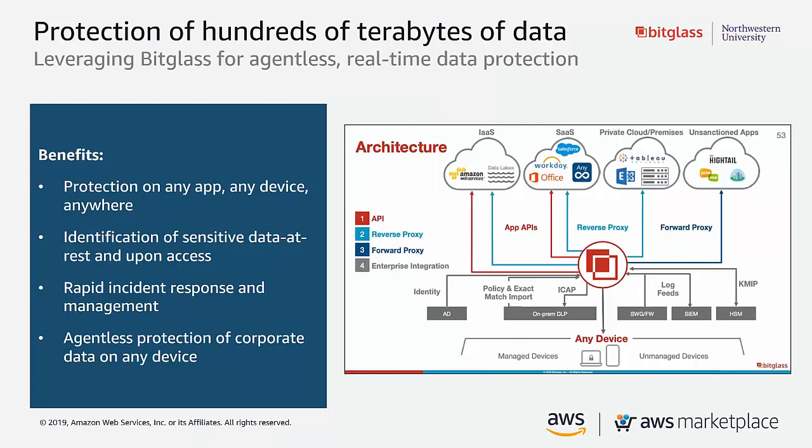And one of the cool things about Bitglass is they have an agentless approach. So Northwestern have about 50,000 users. They didn't have to figure out how to roll that agent out and keep it up to date and handle all of the help desk calls because it's been misconfigured or doesn't have connectivity. So great little solution there for Northwestern.